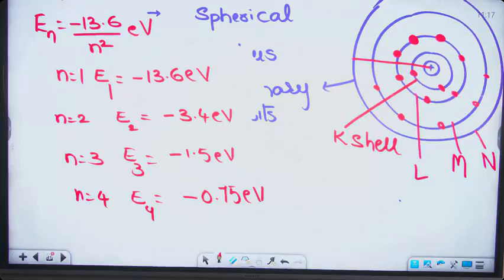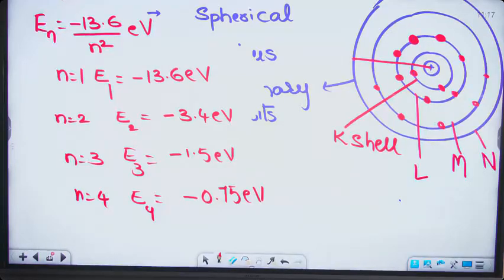In any atom, the outermost orbit always has the maximum amount of energy.